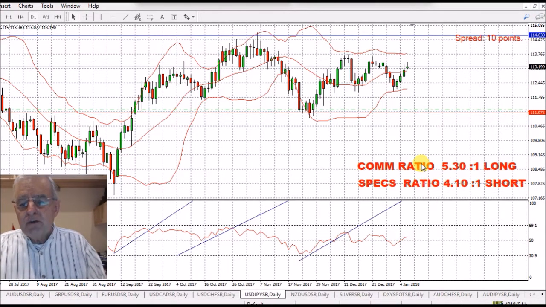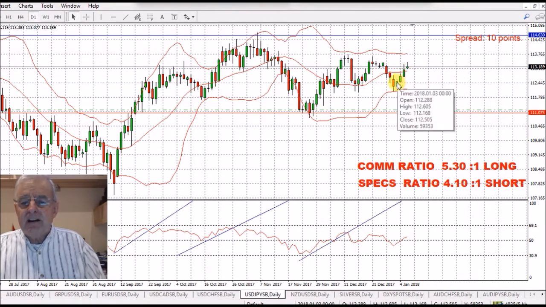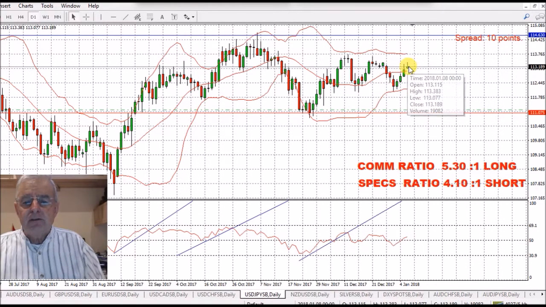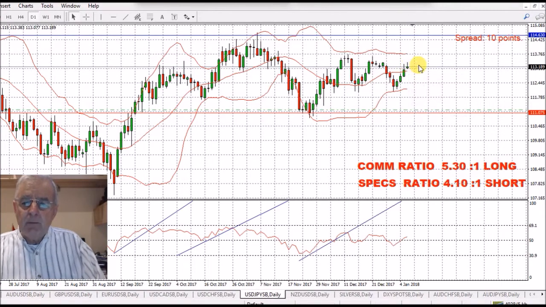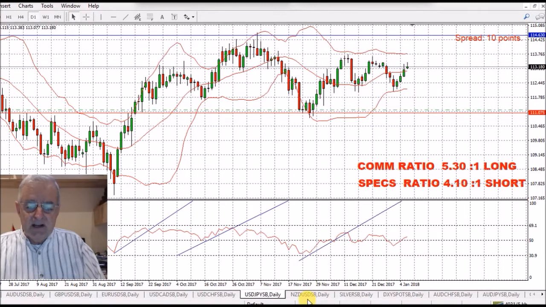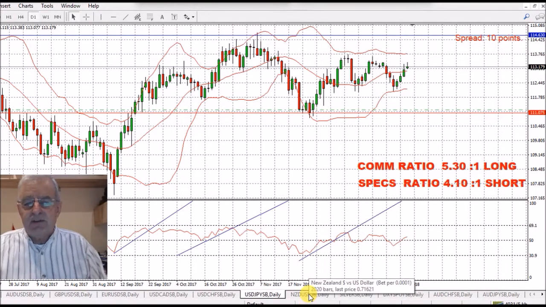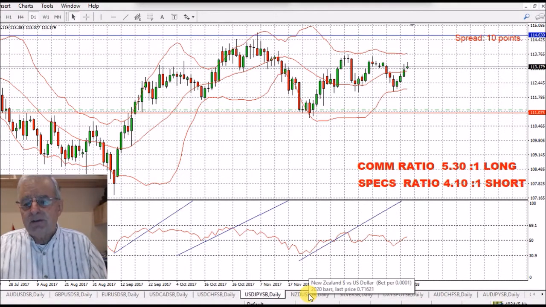We've got a commercials long ratio for the Japanese yen, so that's short for this pair. So I am looking for this to turn back down. This is the fourth candle long, so we'll see where that goes to, but I am looking for a shorter position on this. I think we're going to see some strength come through for the yen in the first 2 or 3 weeks of this month.